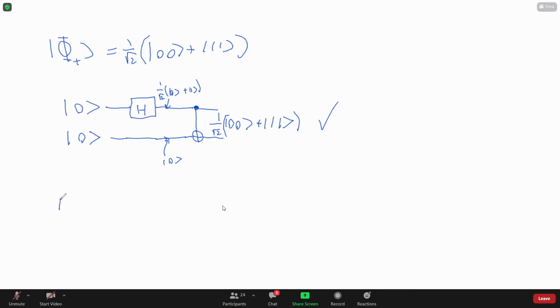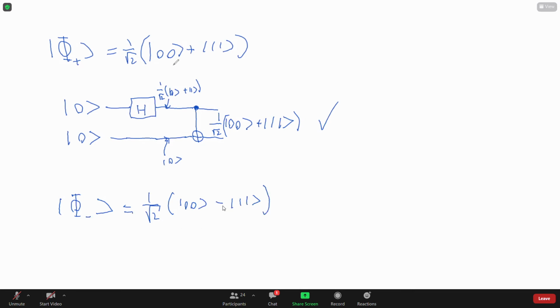Now we can in principle just continue on and construct any of the Bell states that we care about. So let's take the phi minus here, which has almost the same form, except with a minus.